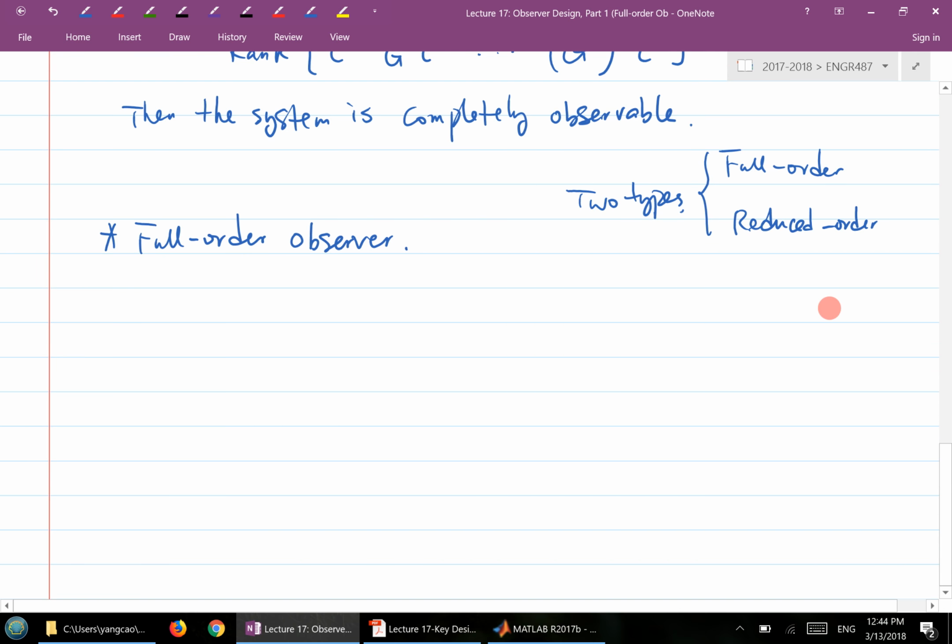We're basically trying to realize this observation or estimation using the mathematical model here. So let's consider the following observer model.